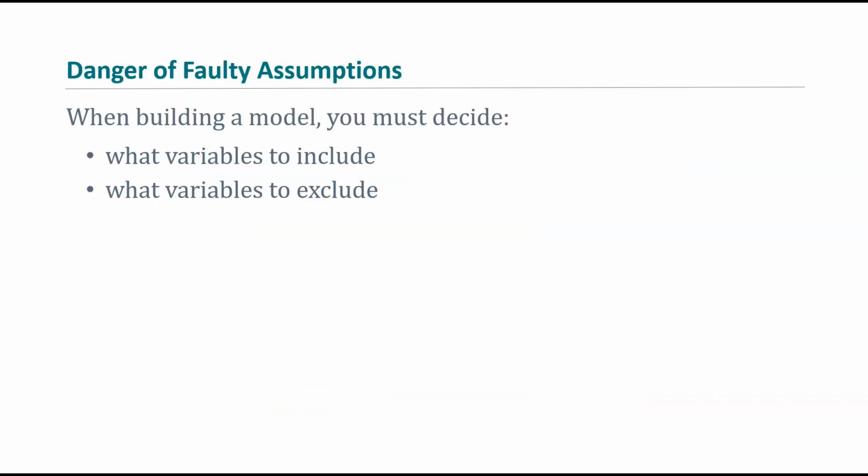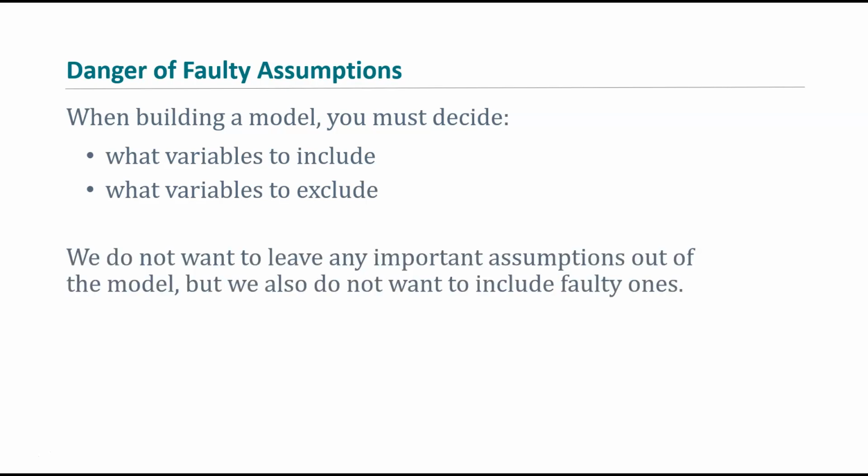So it's very important when you're building a model to decide what variables you include and what variables you exclude. You do not want to leave out any important variables. You also don't want to include any unimportant variables.